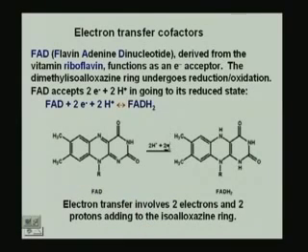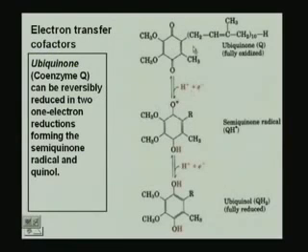But in this case again, for the FAD going to FADH2, you again need 2 electrons for the reaction to go from FAD to FADH2. So, there is no intermediate as such, but in coenzyme Q, this intermediate semiquinone is possible.